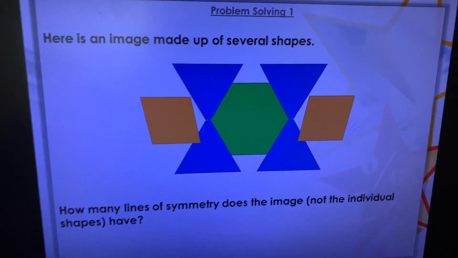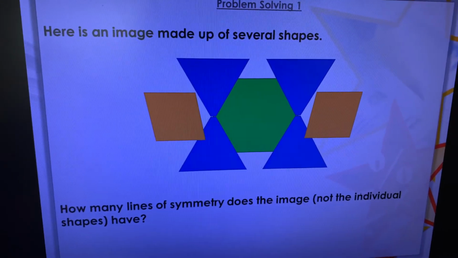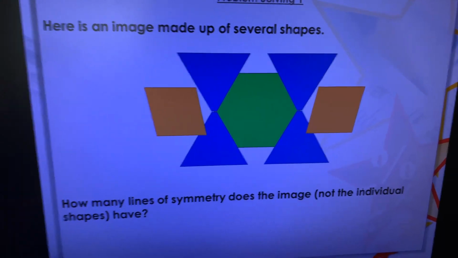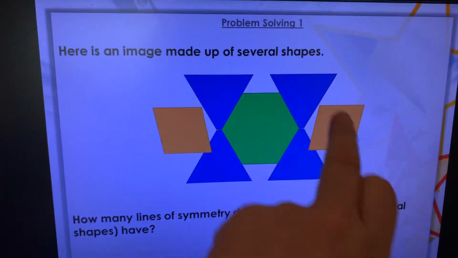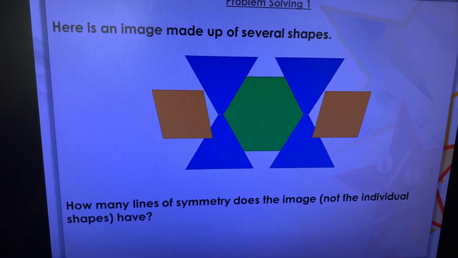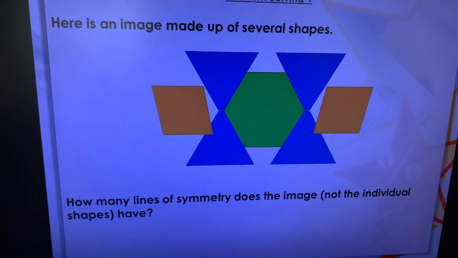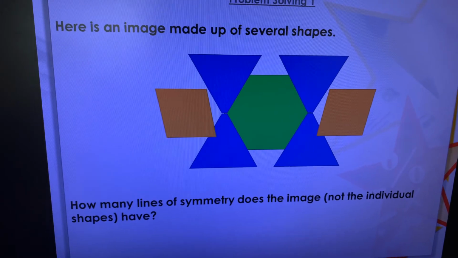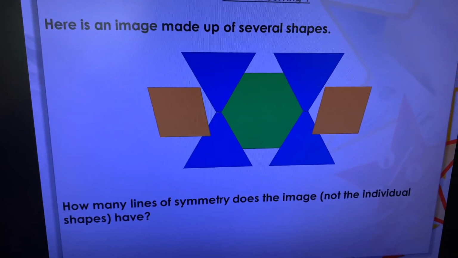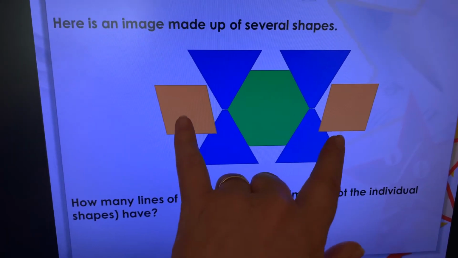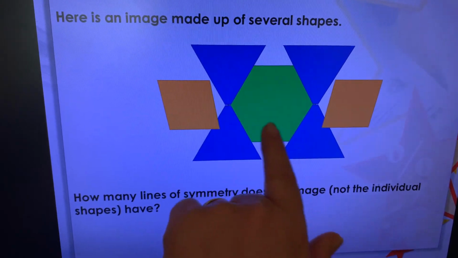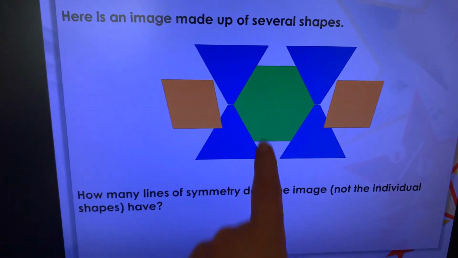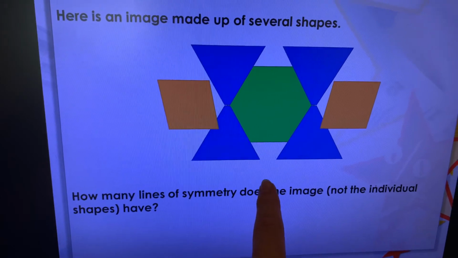Now, you might find you'll get some shapes and a picture that's made up of lots of different shapes. You have to look really carefully and you have to decide how many and where you would put lines of symmetry on. Now, if I'm looking at that, I think, right, there's 2 there that look exactly the same. So I would think you could put a line down here, but there might be more.